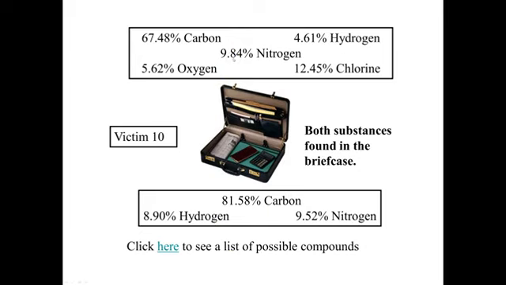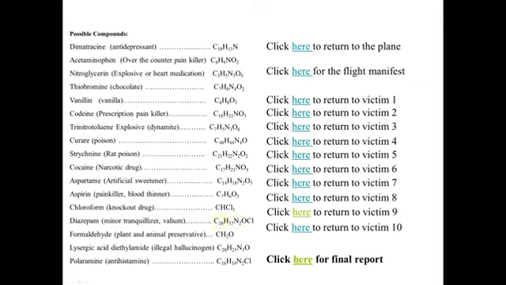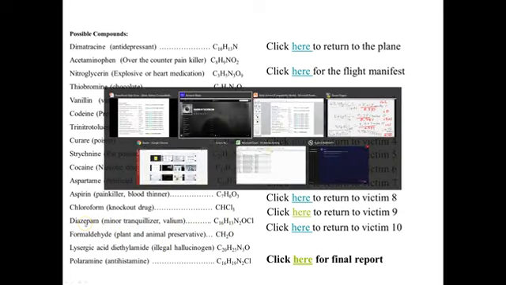Let's see the nitrogen. So 9.84 divided by 14.007. That gives me then 0.351. Okay, I got 2 nitrogens. Okay, my bad. So 2 nitrogens. So that's this one. Diazepam, tranquilizer. So minor tranquilizer, Valium.